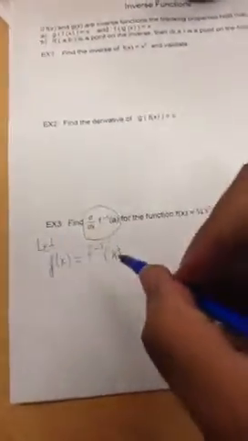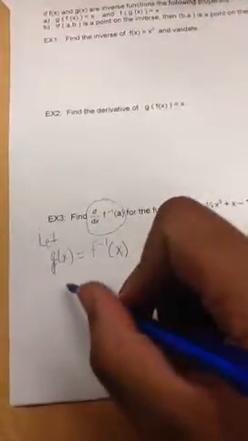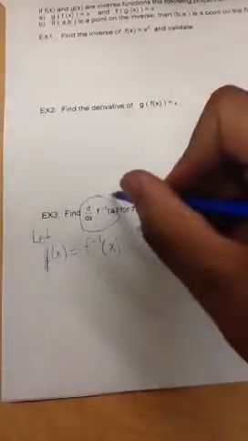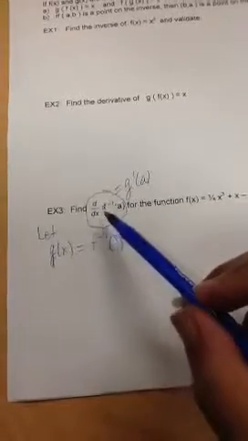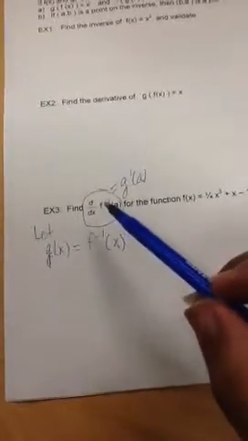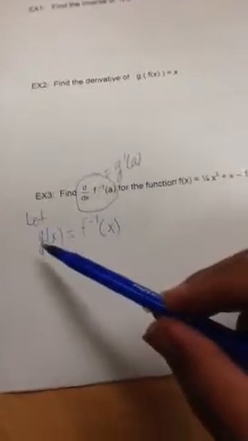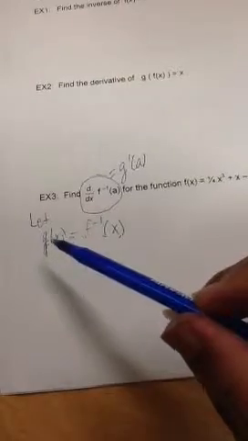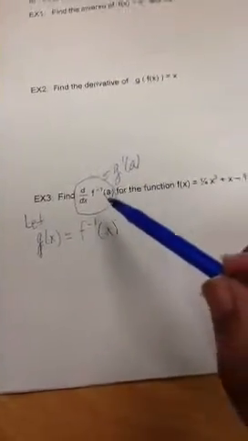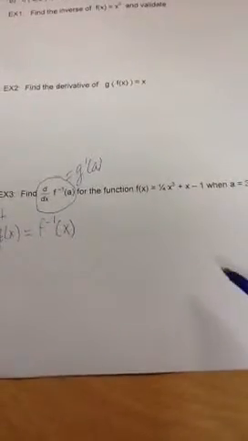So basically, if I'm doing a derivative of this, then they want me to find g prime of a, because they wanted the derivative in terms of x of f inverse of a. That should be the derivative of g in terms of x. So that's g prime of x, but at the a value, right? And that's a equal 3.